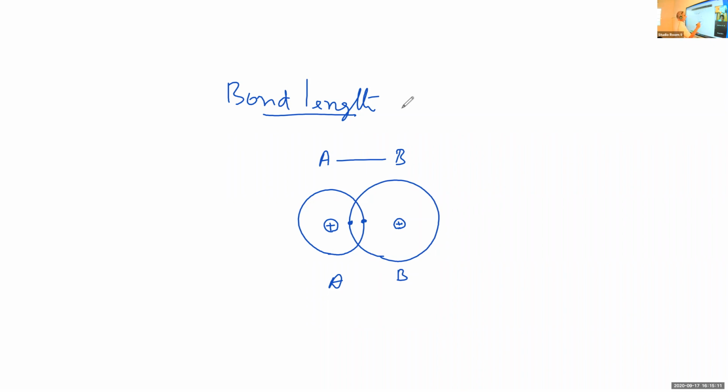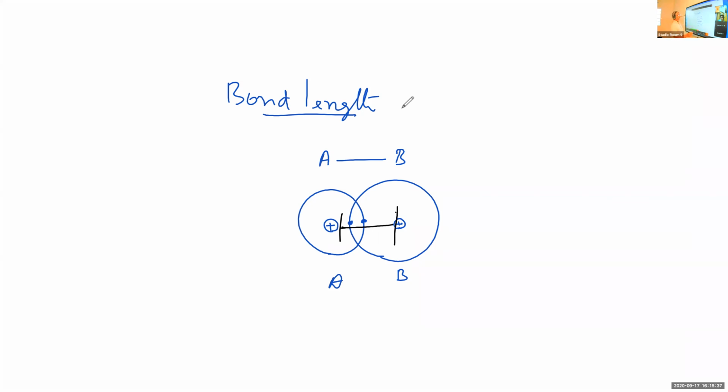Now you take the distance between the nuclei of the combining atoms, and that is called the bond length or bond distance. Bond length can be measured by using spectroscopic methods, electron diffraction methods, X-ray diffraction methods, etc.